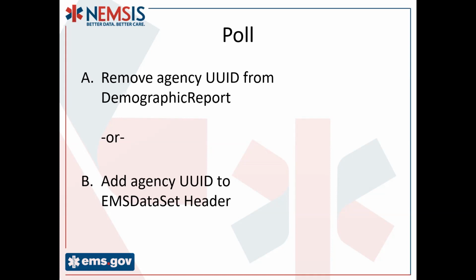So before we run the poll, I want to make sure that we've gotten any other further discussion out about the pros and cons. We've talked a fair bit about the pros and cons of having the UUID on demographic report and in the EMS dataset header, where if the agency number changes but the UUID is the same, how do we handle that? If the UUID changes but the agency number is the same, how do we handle that?